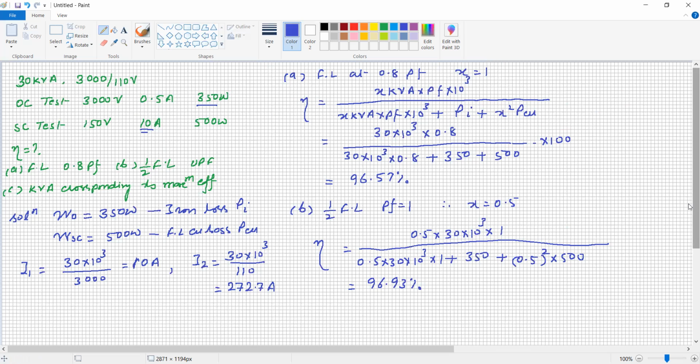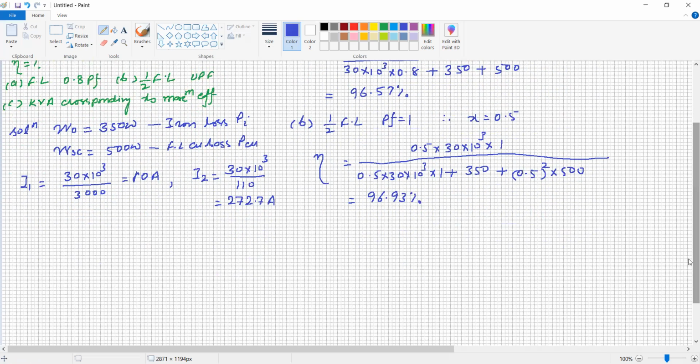Next, the kVA rating under maximum condition. The kVA under maximum condition is equal to the rated kVA into the square root of iron loss divided by full load copper loss.